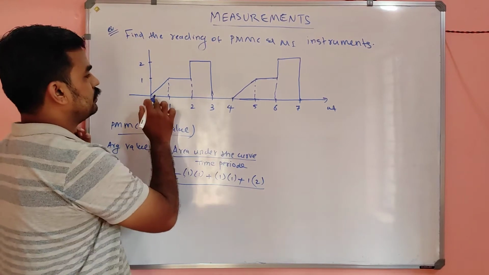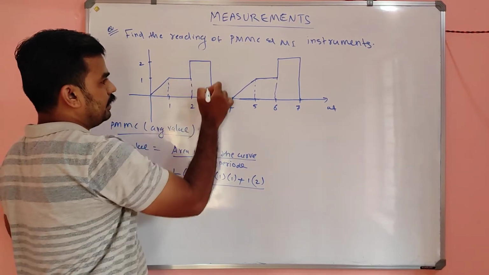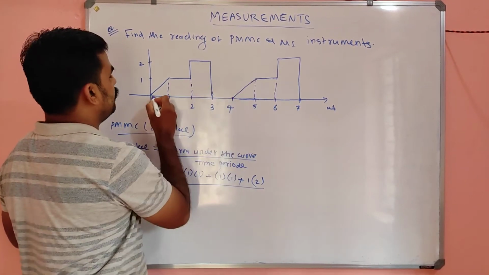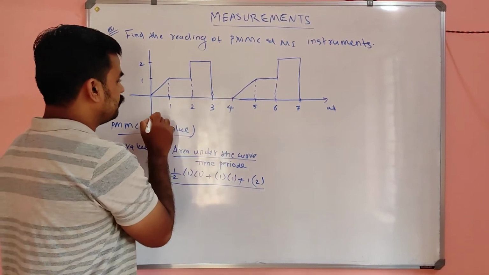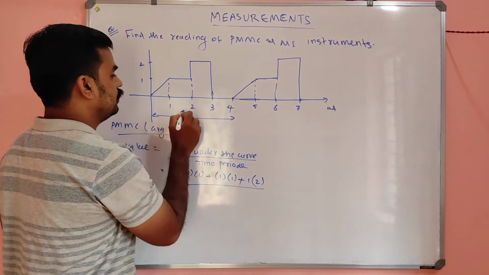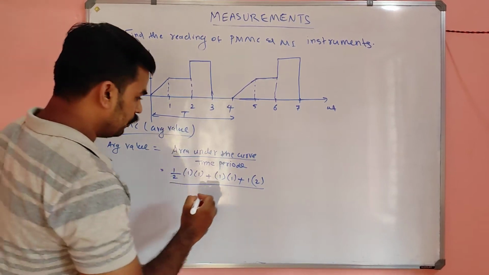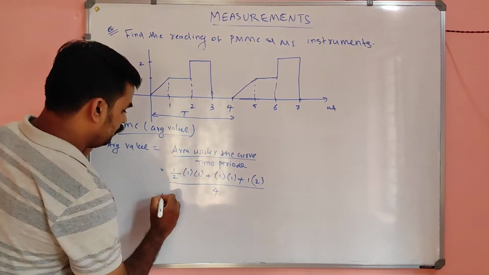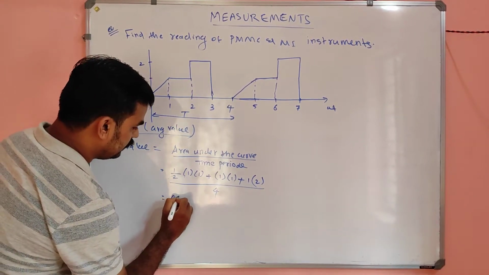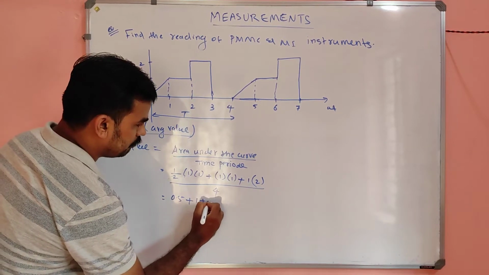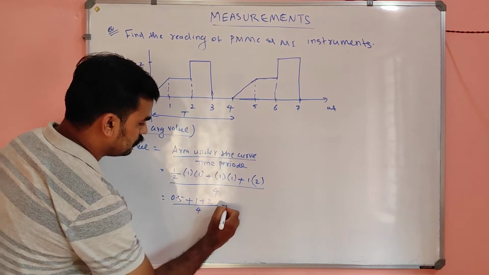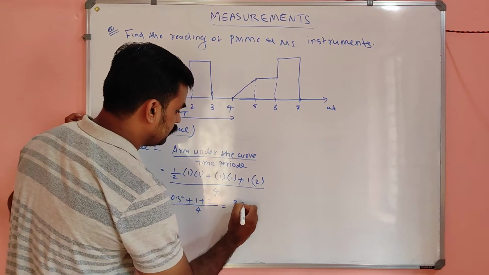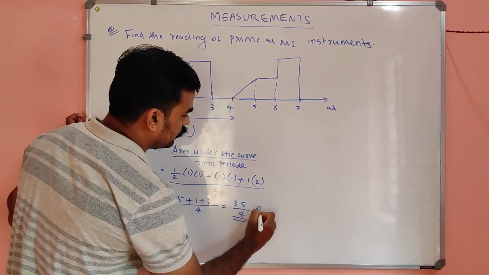The time period is nothing but, see, it started here and comes here, and again the same thing is repeating. So this is the time period 4. If we solve this, 0.5 plus 1 plus 2, whole divided by 4, it is nothing but 3.5 by 4 ampere.